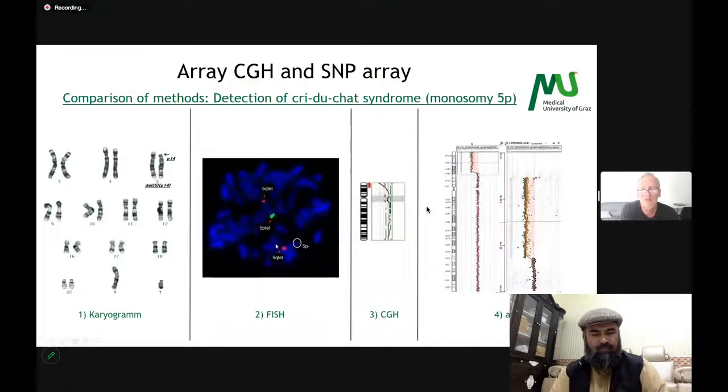If you look for a certain deletion or insertion, it's very useful, but you miss out any other things which can be present. CGH is, as I said, not in use anymore in most labs, also in ours. And array CGH is a high resolution method to detect imbalances genome wide.